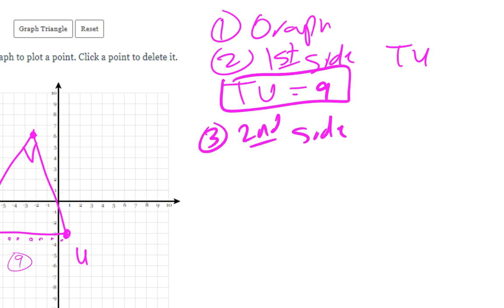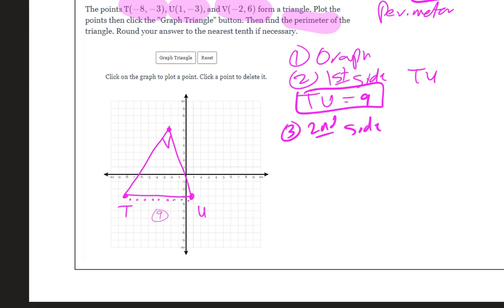So the third step, let's get our second side. We're going to call that one TV. Let's do this side right here, TV. Since it's diagonal, remember we have to use the distance formula.